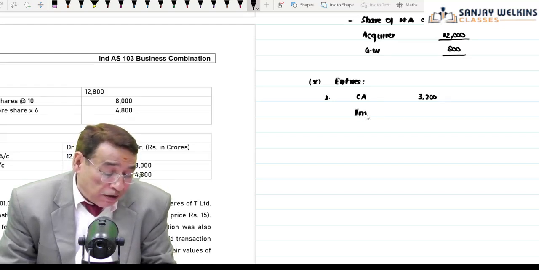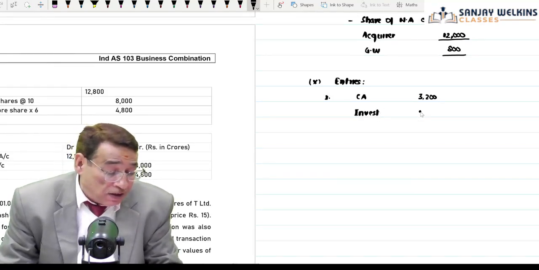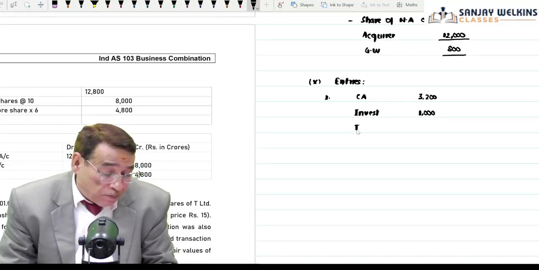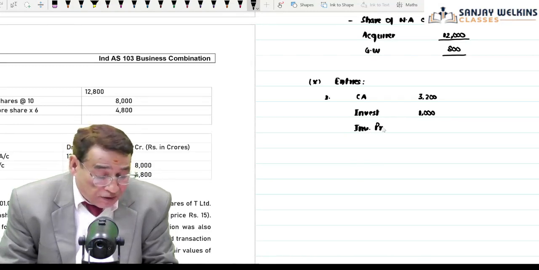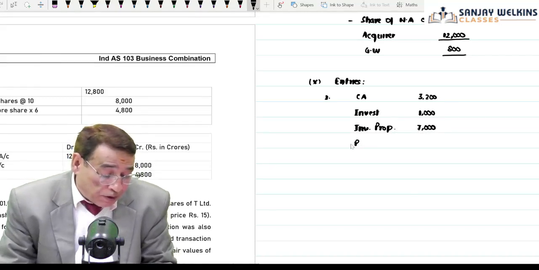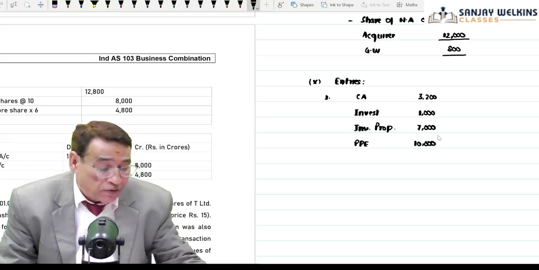Now the fair value of investment is not given. So whatever value appearing in the balance sheet, correct, you will consider it as the fair value, that means 1,000. Investment property is having a fair value of 7,000, so you are going to write 7,000. Besides that, property, plant and equipment having a value of 10,000, fair value 10,000, correct?